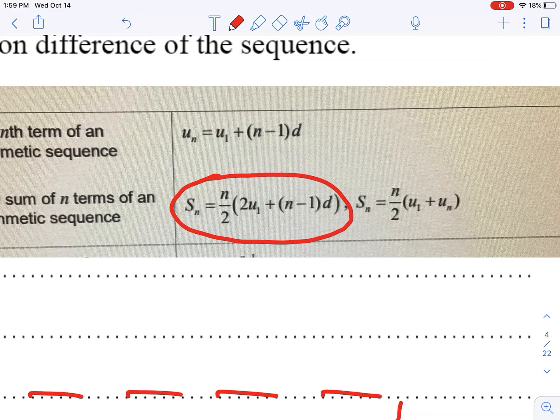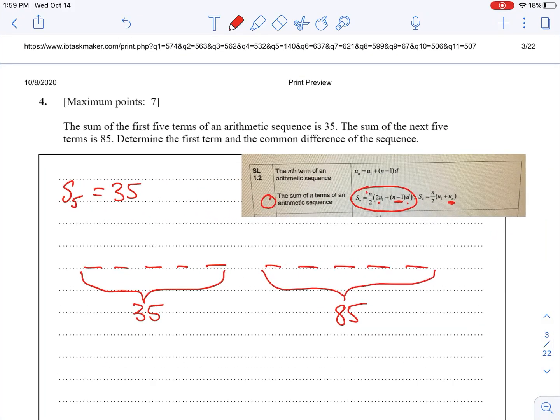The reason I'm going to use that one is because I don't have the last term of the sequence. So I do have some n's and some n minus 1's. I don't have the first term yet, I don't have d, but let's see what we can do by substituting into that formula in a second.